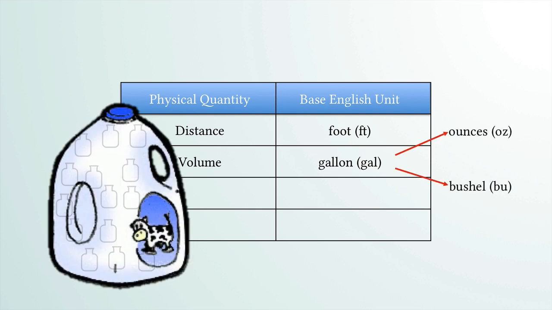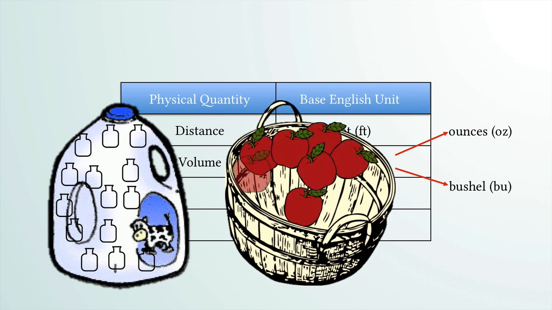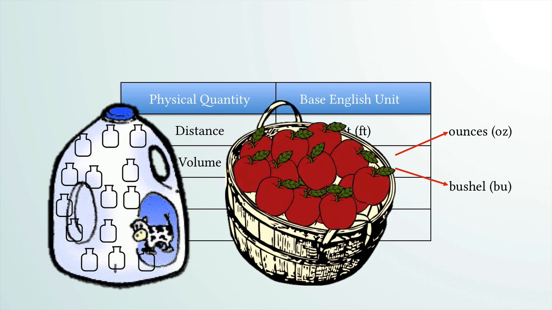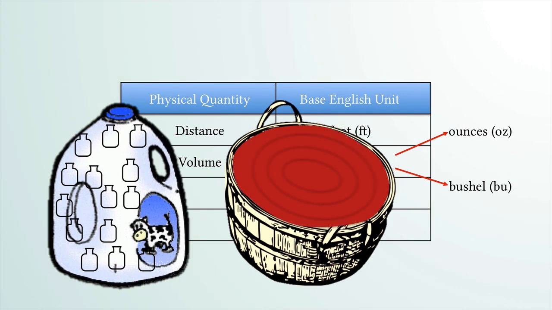There are 128 ounces in a gallon and 8 dry gallons in a bushel, but only about 9 1/3 liquid gallons in a bushel. Confused yet? And imagine having to convert one English unit to another, like how many ounces are there in 2.5 bushels?